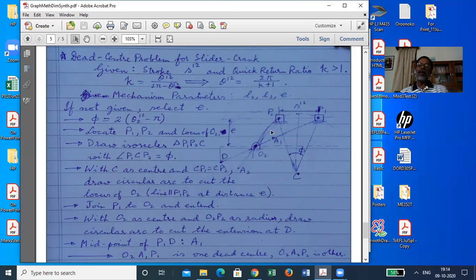Because then basically you will be joining P2 O2 and extending it till this point, till whatever length you have got from here. Basically, another circle is involved, that is the crank rotation circle, with radius O2 A1. Wherever that circle cuts this extension, that gives you A2. So this is one dead center, and that is another dead center.